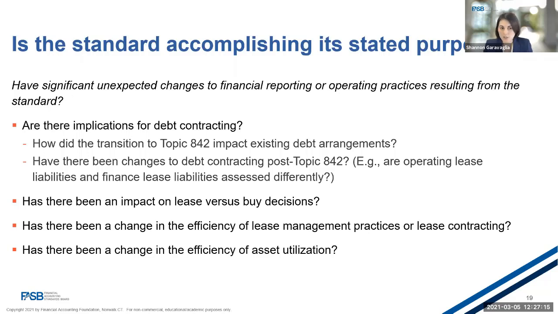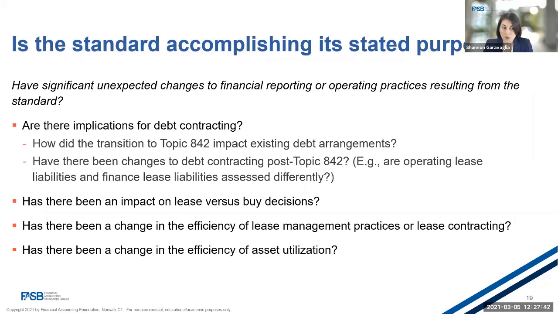So we heard anecdotally that this might have an effect on debt covenants. Any large sample research on that front would be helpful to understand, or other changes to existing debt arrangements. And then secondarily, how has it affected new debt contracting? So have there been changes to debt contracting post-Topic 842? For example, are operating lease liabilities and finance lease liabilities assessed differently during the process?